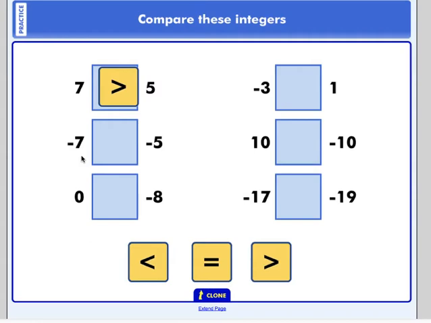Well, if you think about your number line, you know that the farther you are to the left on that number line, the lower value you are going. So as you move to the left on the number line, you're getting lower and lower and lower. Which one of these is farther left on a number line? Is -7 or -5?